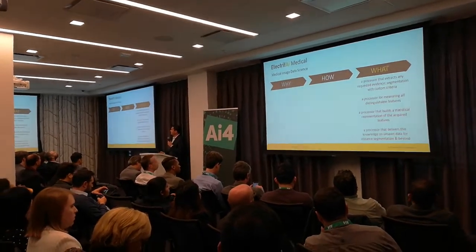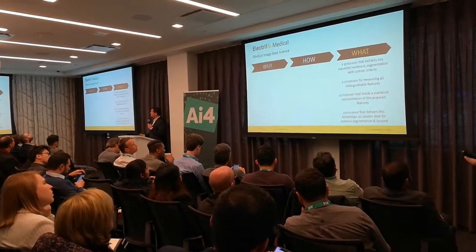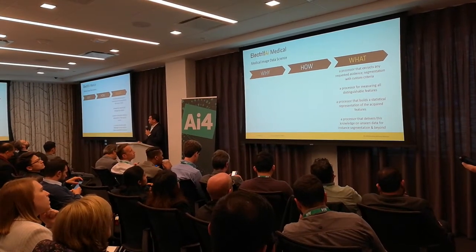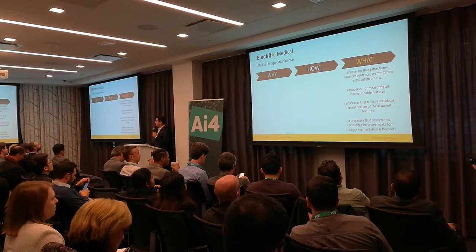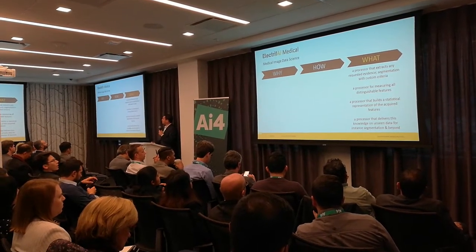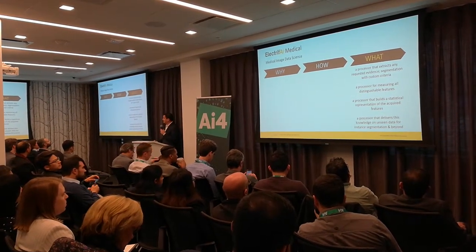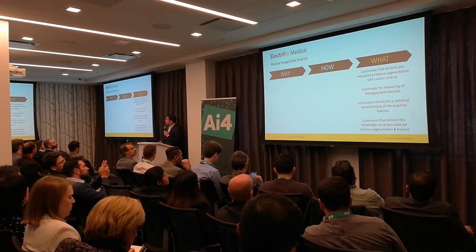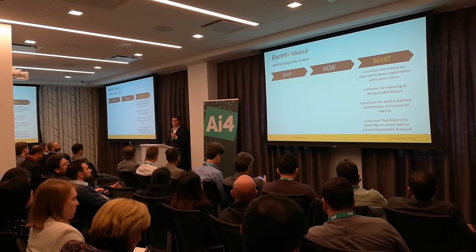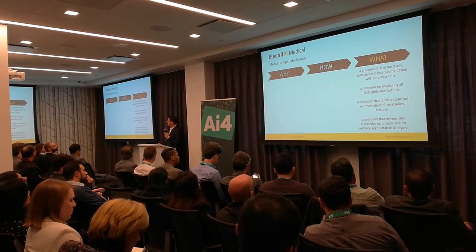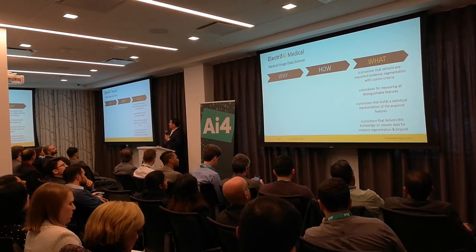So at the end of the day, what we're aiming at is to present a suite of tools that includes a processor that extracts any requested evidence, that is pretty much segmentation with custom criteria; a processor that measures all distinguishable features, and I'm making this remark because you might extract hundreds of features out of images. The question is which ones are relevant to the condition you're trying to analyze.